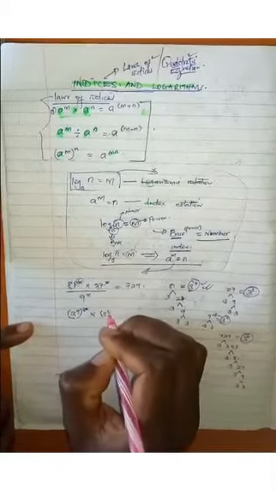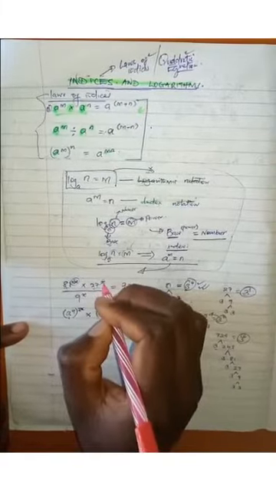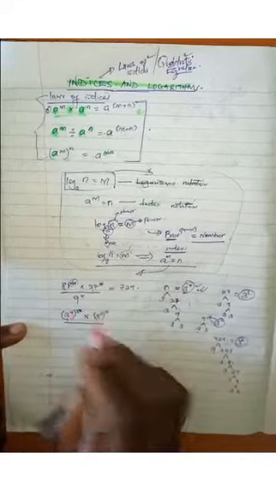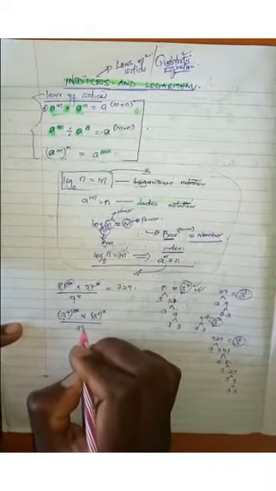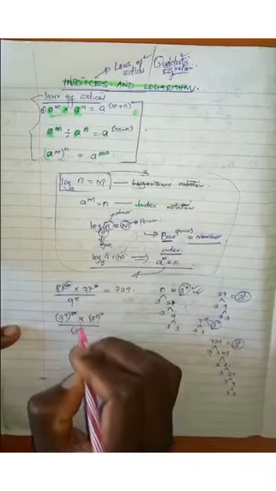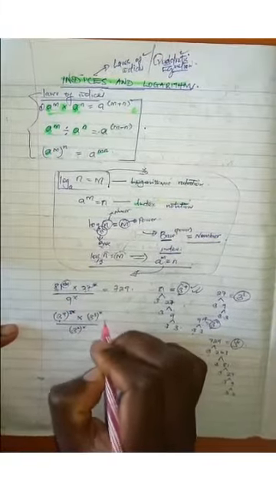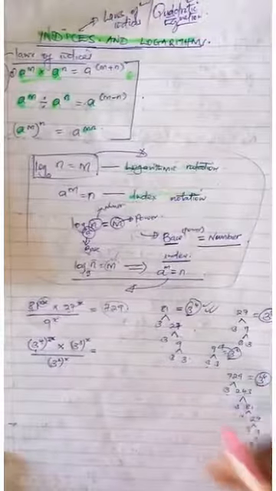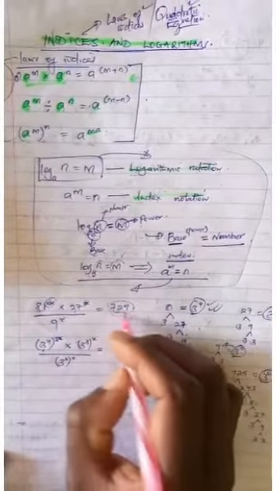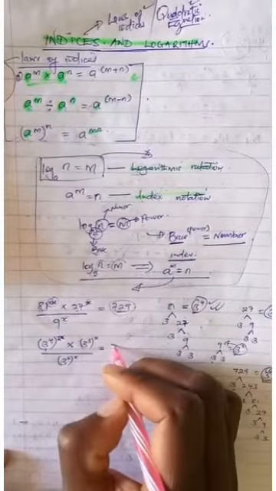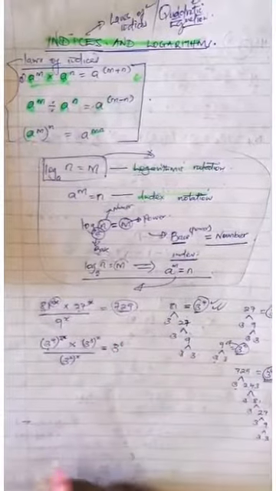So 3 to power 3, then it was to power x, over 9 is the same as 3 to power 2. So it's going to be 3 to power 2, to power x, is equal to 729, which is the same as 3 to power 6. So 729 can be replaced with 3 to power 6.